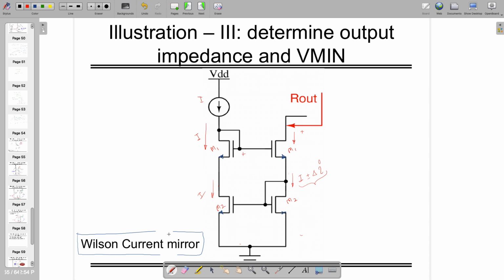All these things will not guarantee that the current flowing through here will be I, but it will be some delta I. So if this is I plus or minus delta I, because this potential is fixed, the same potential is available at the gate of M2 on the other side, you cannot have the current as I, but it will be replicated as I plus delta I, and this transistor is going to demand the current to be changed from I to I plus delta I, and that is going to flow from here.